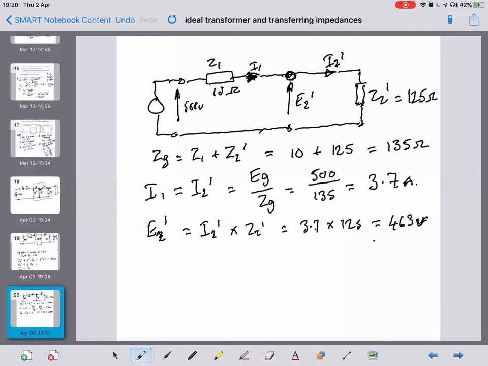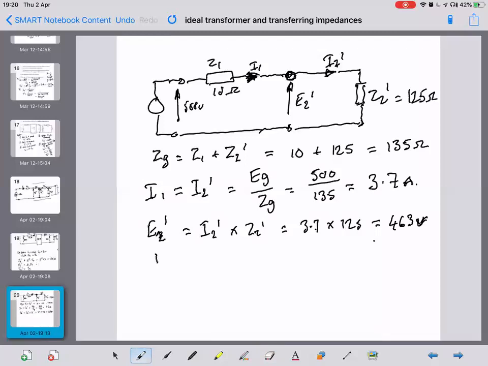Now we can go through the process of transferring this current I2 dash and E2 dash back to the secondary.